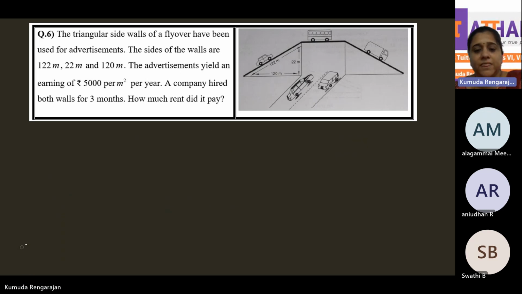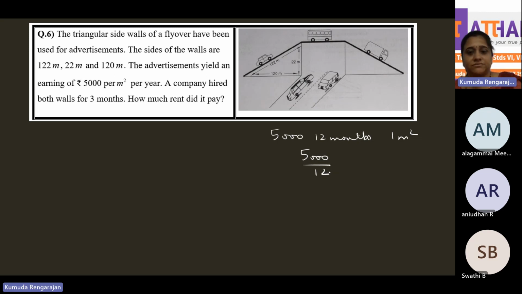Let's do it slowly. 5,000 rupees for 12 months and for 1 meter square. Correct? So it will be 5,000 rupees by 12 per month for 1 meter square. 5,000 by 12 is for 1 month. Yes or no?